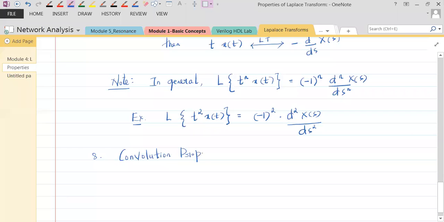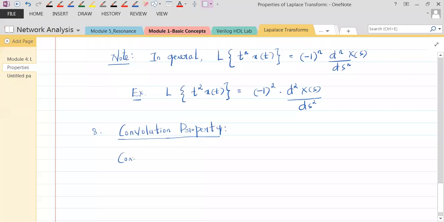Convolution property. This convolution is something that you'll be learning in detail in signals and systems in 4th semester, that is next semester. But this property deals with the convolution of the signal. Convolution is a mathematical operation which is tedious, difficult to perform. Everybody understand this?